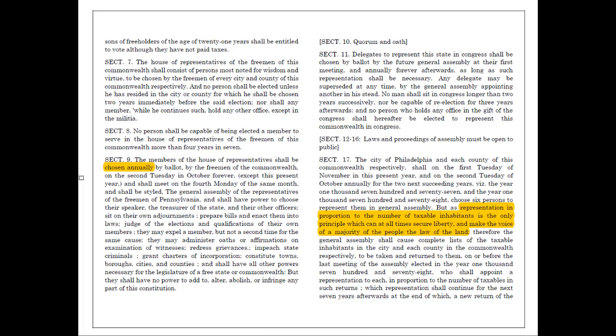And again, we're going to conduct a census in order to evenly distribute the voting districts.